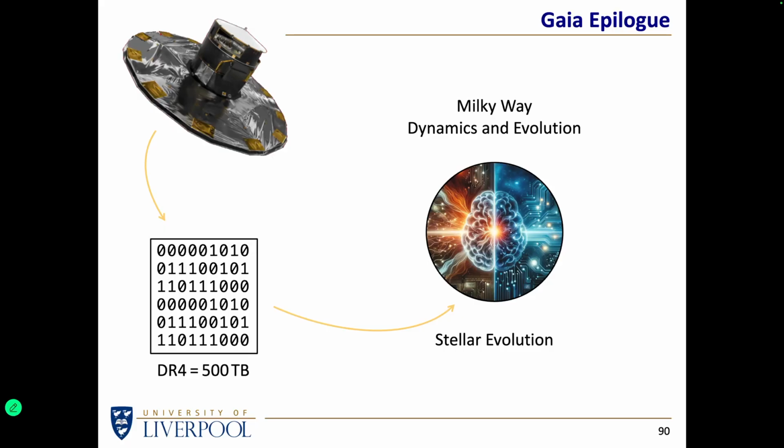By accident, by looking at the data, we also pick up information about neutron stars and black holes, and we also pick up information on solar system objects and by accident some exoplanets.